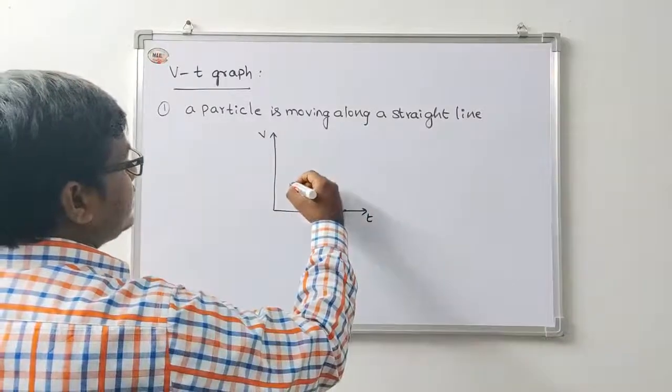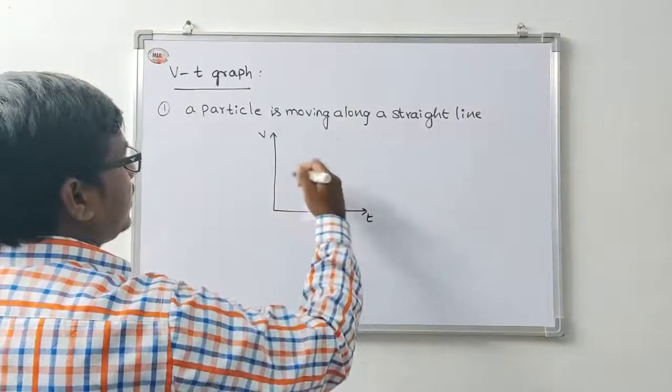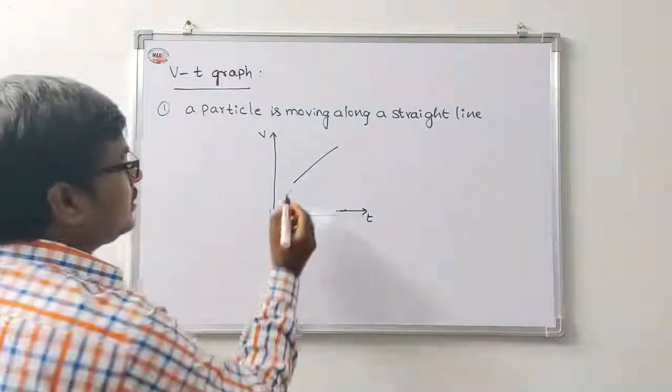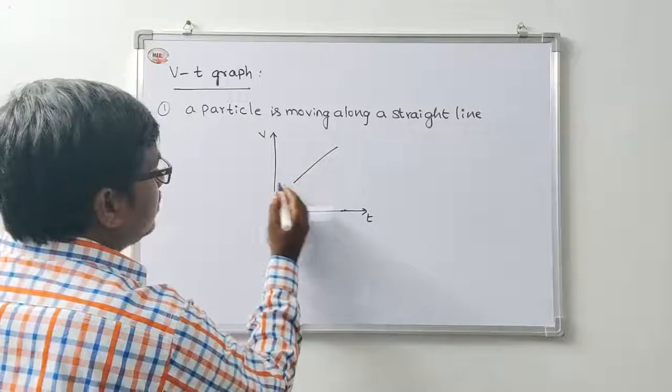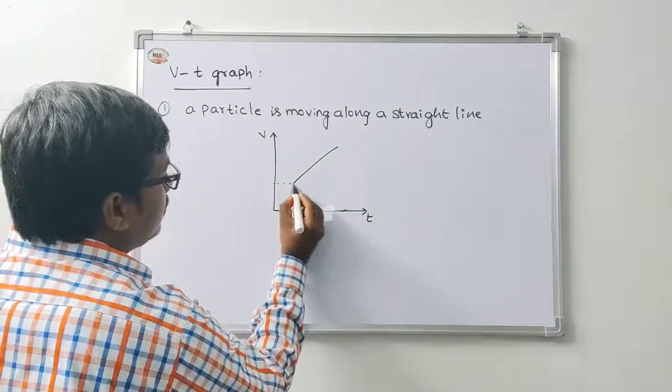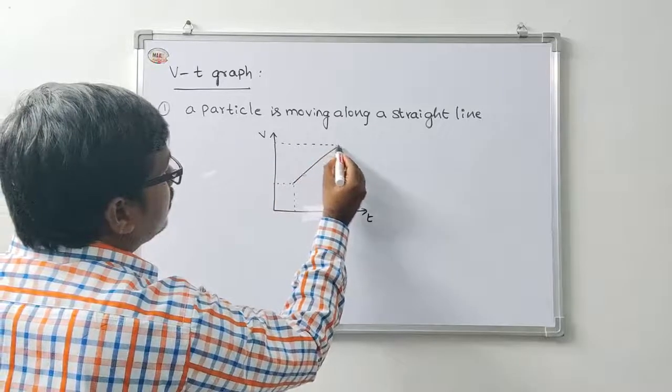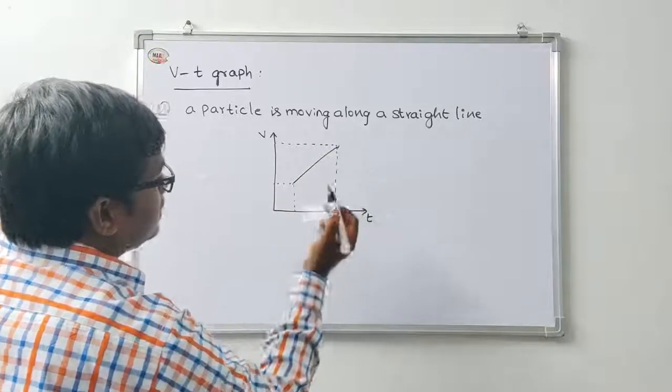The particle is moving along a straight line in this way. In this way, students, it is resolved into two components, the first one and the second one.